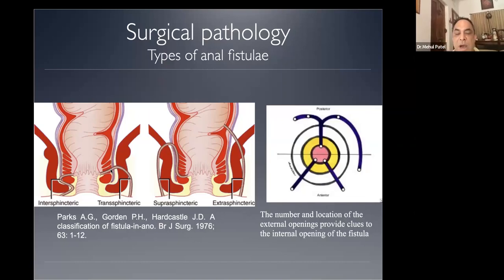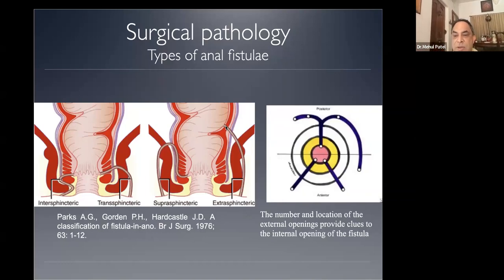The other 2 are the rarer fistulas. So these 2 fistulas combined make up about 80% of all the perianal fistula. These 2 make only 20%, of which extrasphincteric is the most complex, the one that starts very laterally and then goes outside the external sphincter and opens not at the dentate line, but in the rectum, higher up in the rectum.